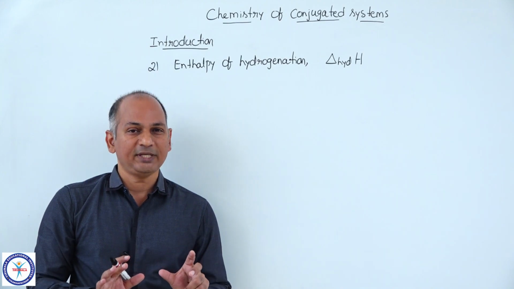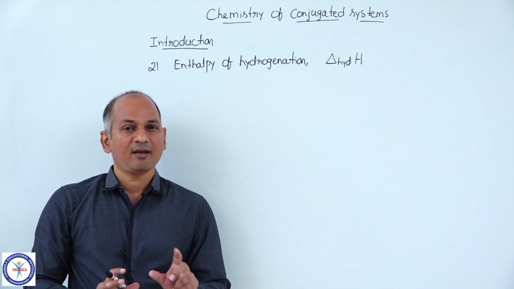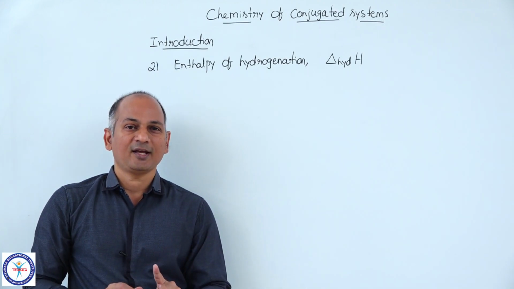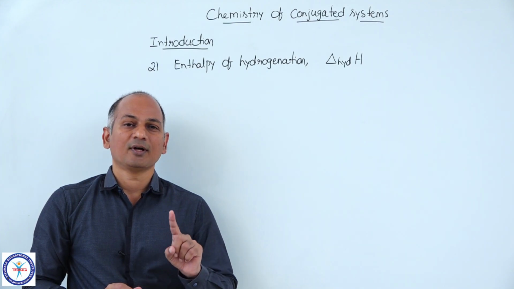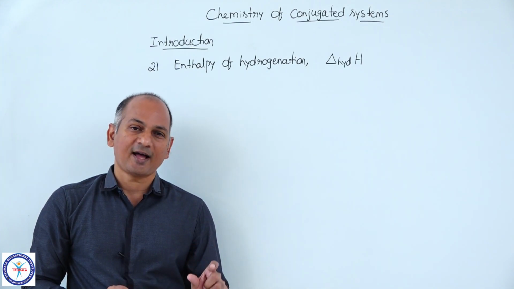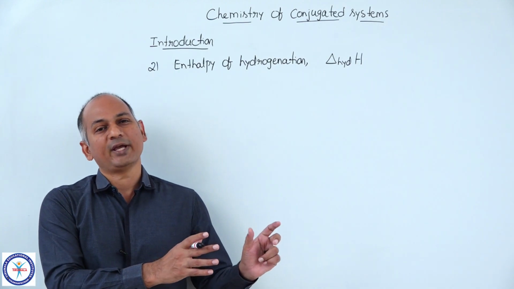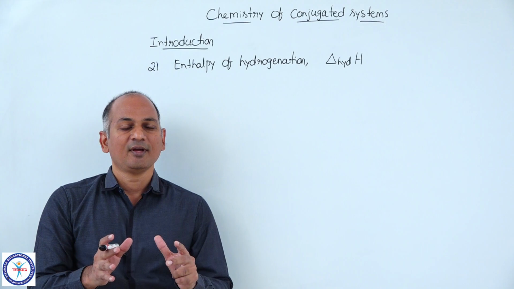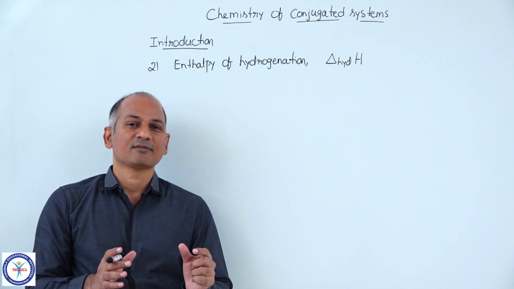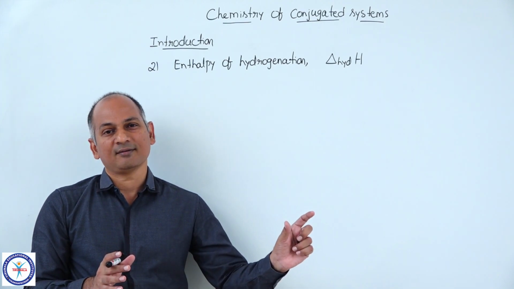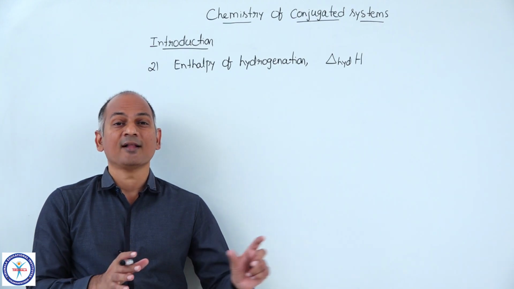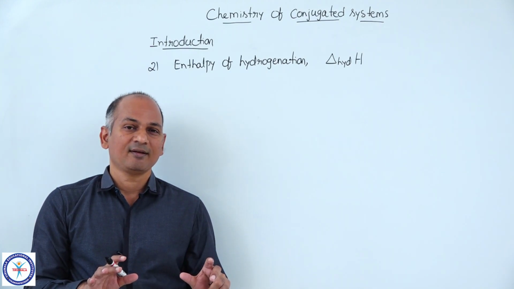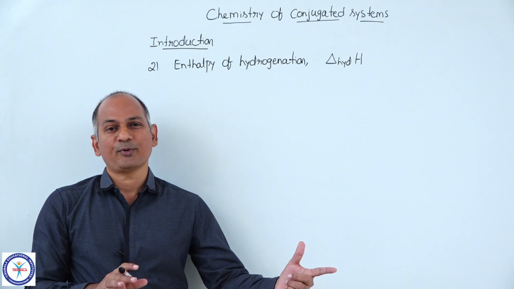It is the enthalpy change when 1 mole of an organic compound is treated with excess hydrogen to give a saturated compound. So you take an unsaturated hydrocarbon, treat it with excess hydrogen, reduction happens, all the pi bonds disappear, and you get a saturated compound.